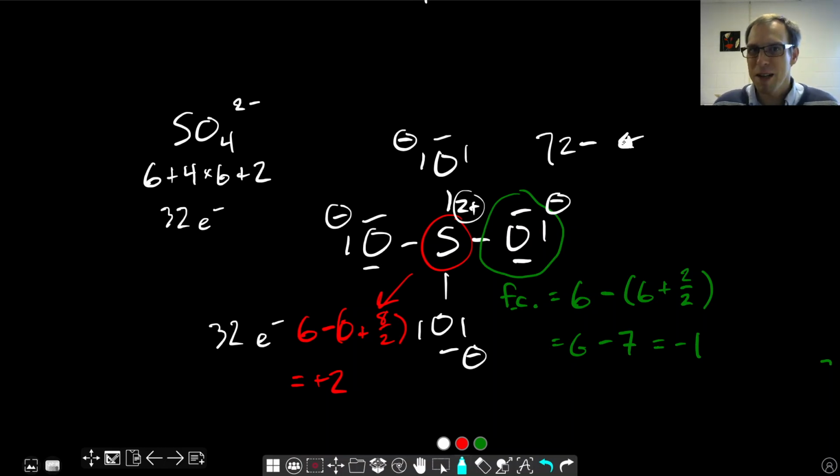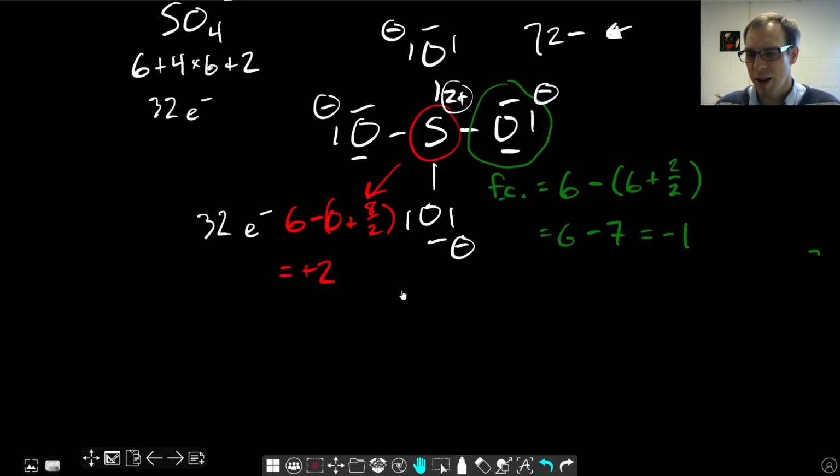All right, but we have not minimized the formal charges in this structure. So there's a different way we could write it. There's a different resonance structure that we could write here. And I won't write all of them. There are actually multiple. But we can pick 2 of these oxygens to share their electrons with the sulfur in the middle.